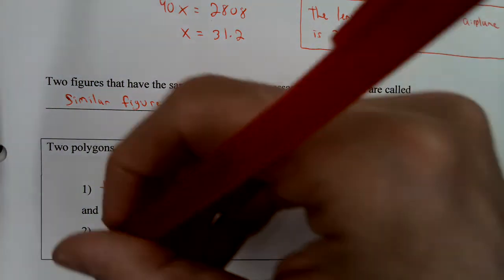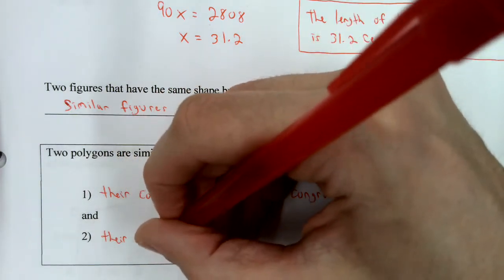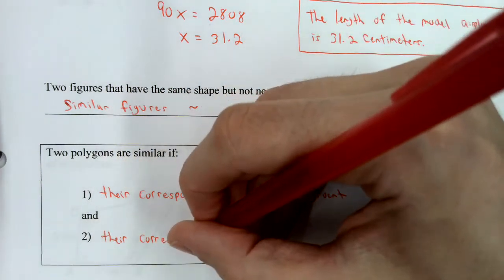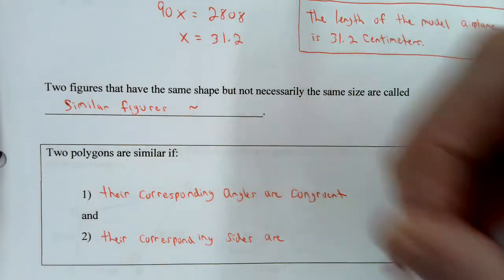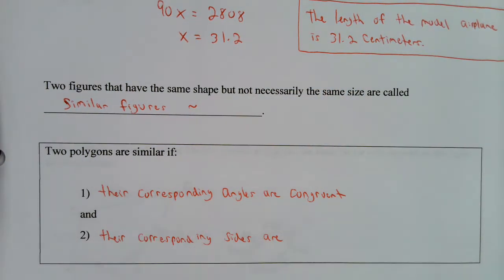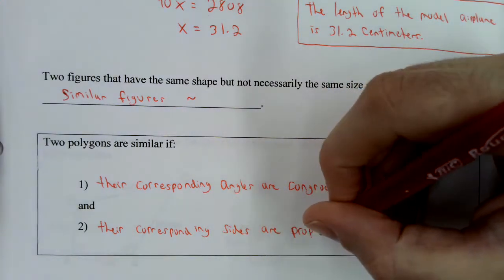and their corresponding sides... I'm not going to say they're not congruent, because if they're congruent, they would be congruent polygons. For similar polygons, the corresponding angles have to be congruent, but the corresponding sides have to be proportional.